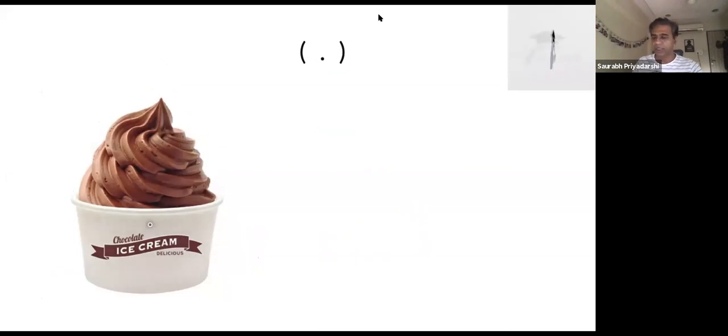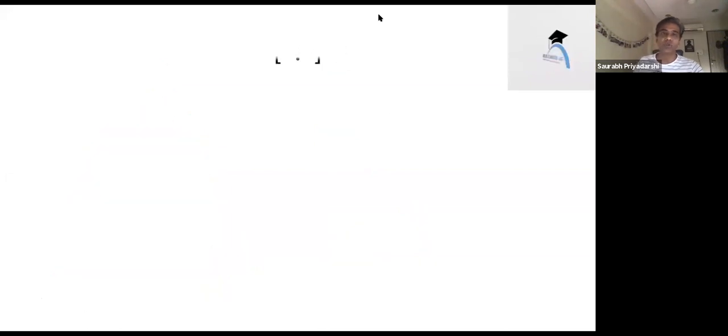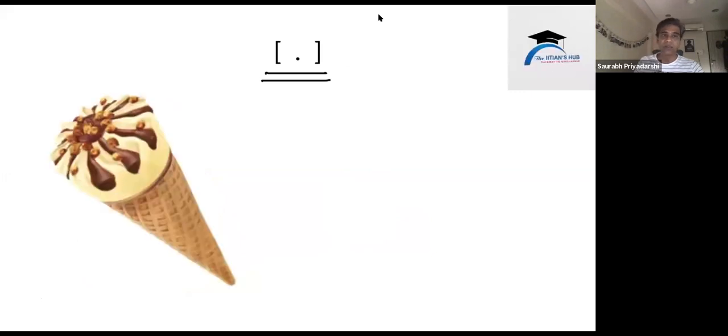Now, second thing, obviously, the closed one, right? This is known as closed bracket, both sides closed. If you can understand both sides closed, you'll be able to understand one side closed, one side open, right? So what is the difference between this ice cream and the one given before?